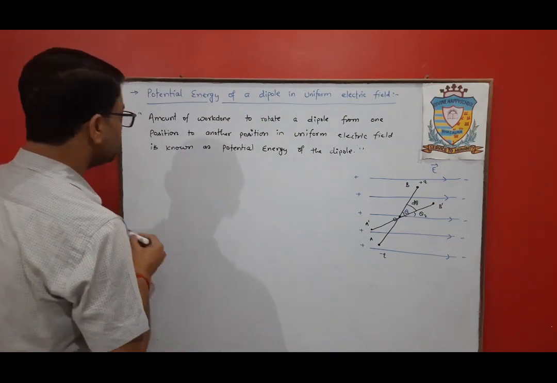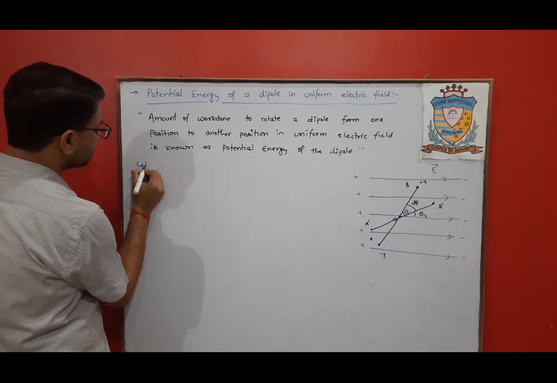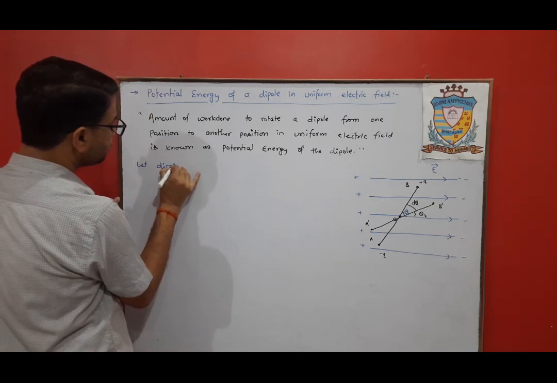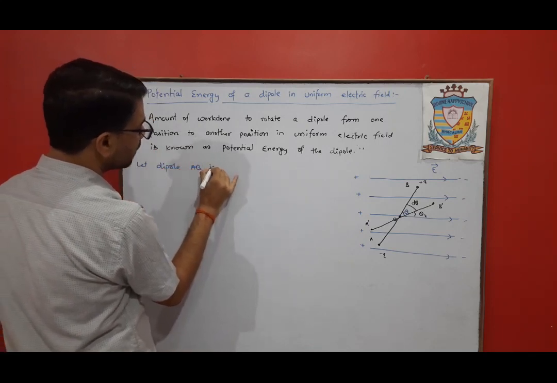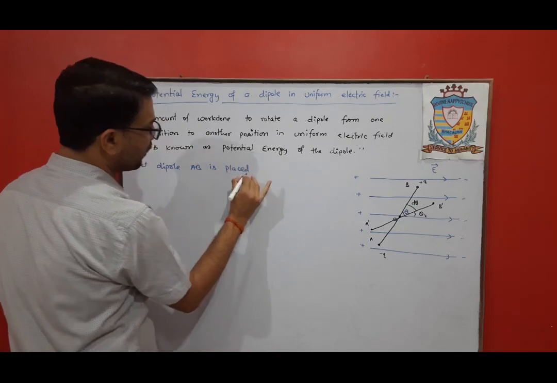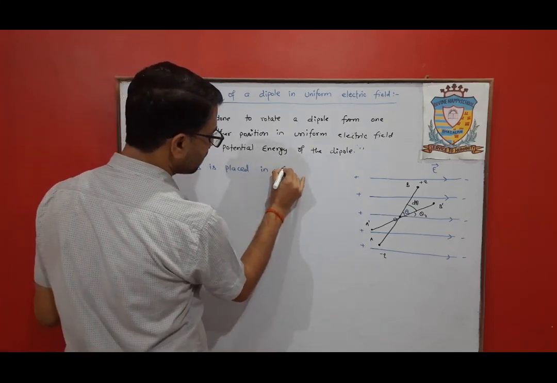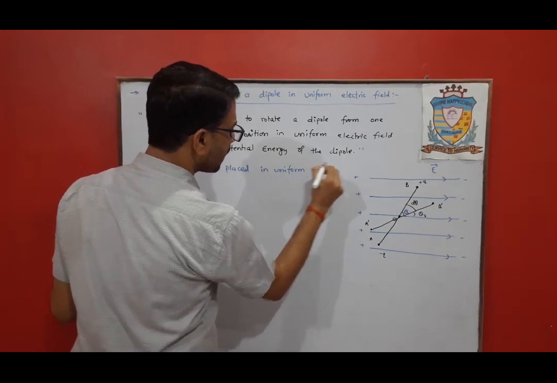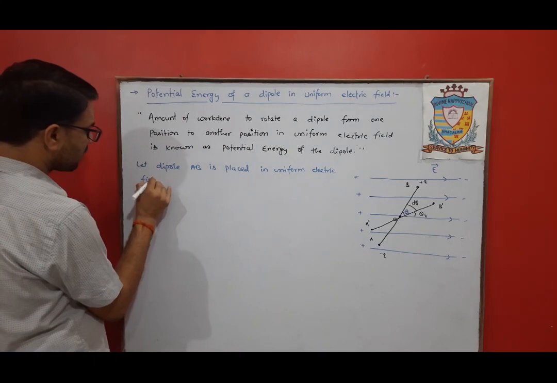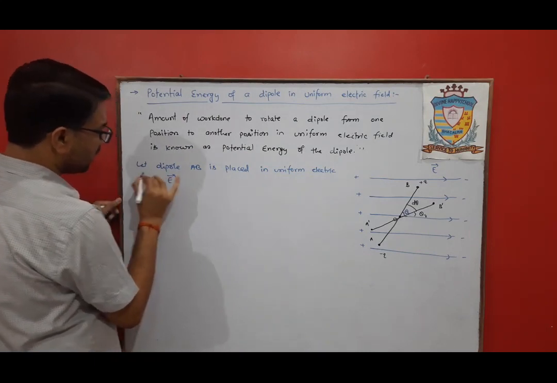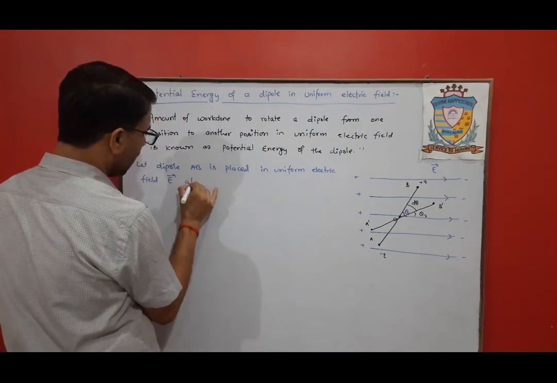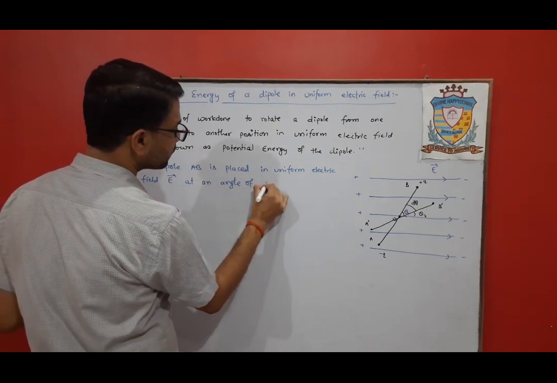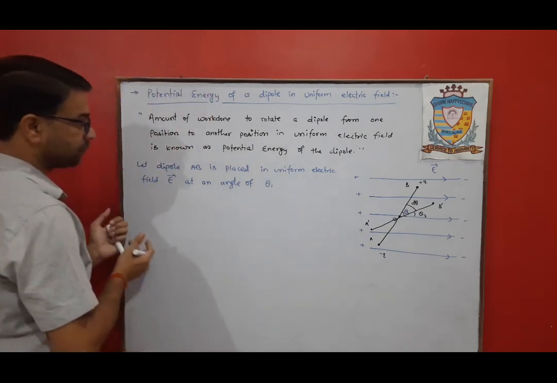Okay, so now let dipole AB is placed in uniform electric field E at an angle of theta 1. Okay.